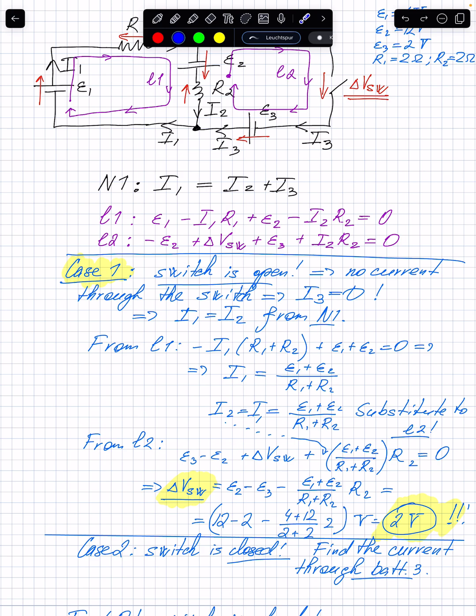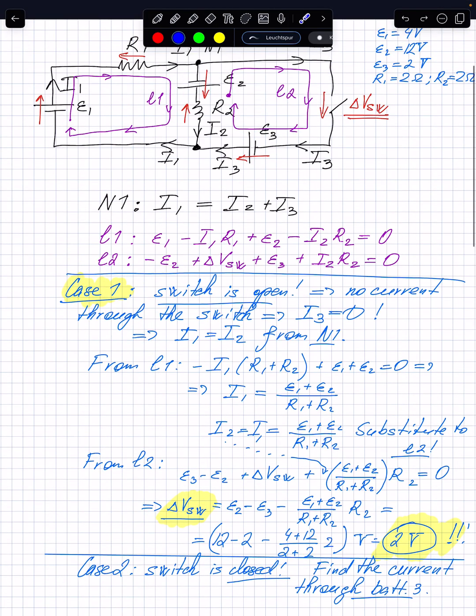And since it's an equipotential surface, the delta V is 0. If it's just a piece of wire, then there will be no potential difference. That will help us simplify the equation for L2, because this contribution will just disappear in case number 2 when the switch is closed.